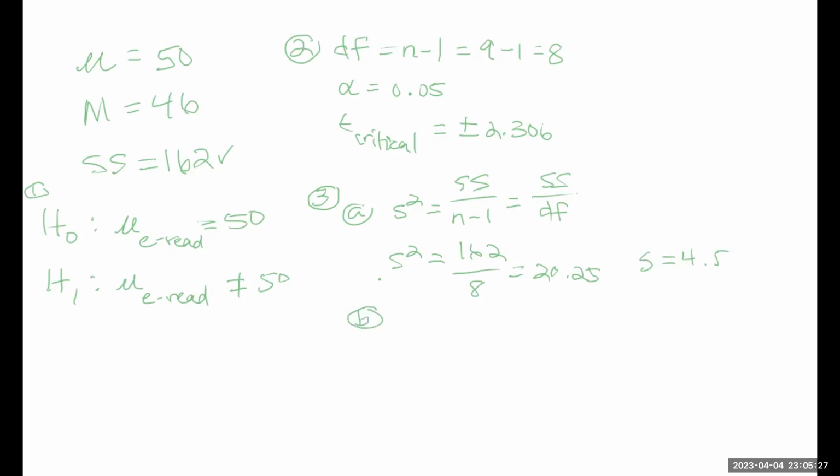That's going to be the next step. I have to find my estimated standard error. And again, remember what we did on Monday. So my estimated standard error is going to look something like this. It's going to be the square root of S squared over N, which is going to be 20.25 over 9.